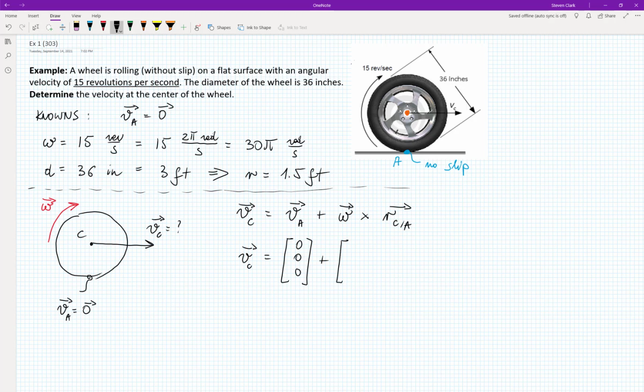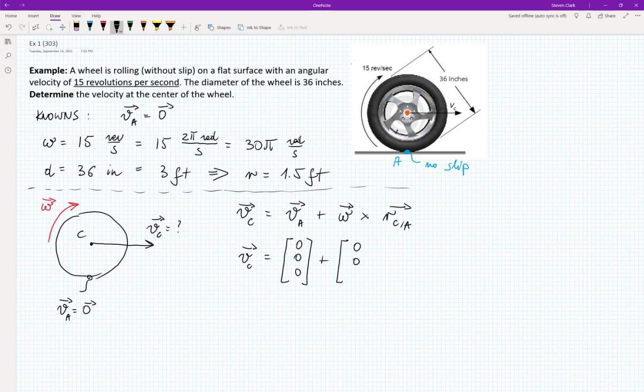plus 0, 0, omega. But that omega, question to you guys, does that omega rotate in a positive fashion or negative fashion? In other words, is that omega pointing into the board or out of the board? Anybody?